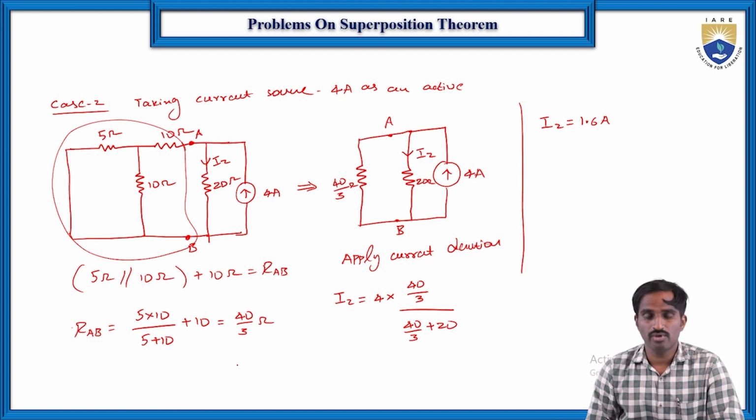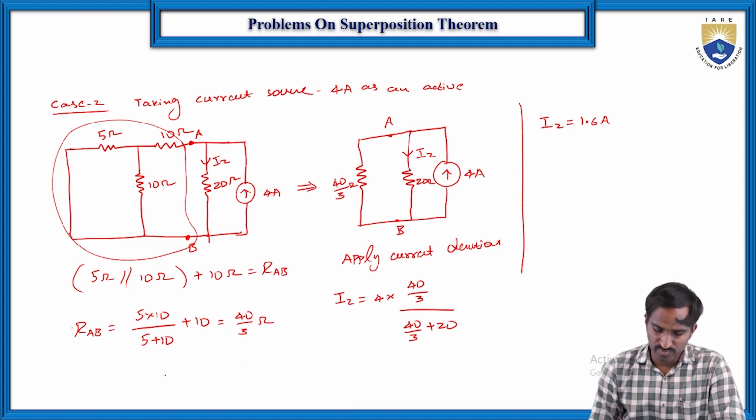Then, as we know, according to the superposition theorem, the response across any element is equal to the sum of the responses by considering each source separately. So the total current I is equal to I1 plus I2.